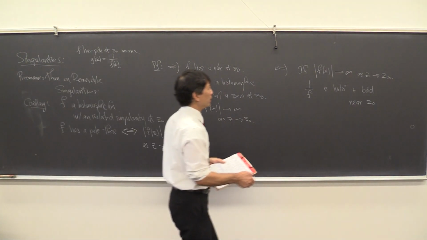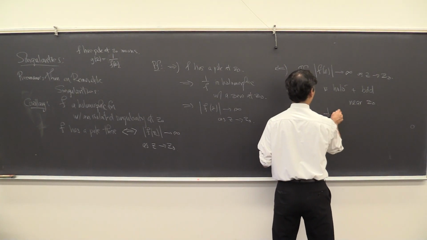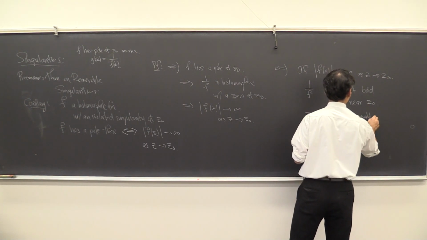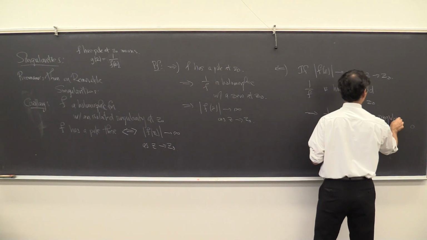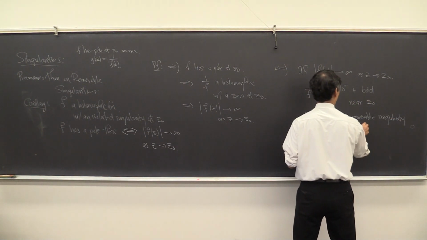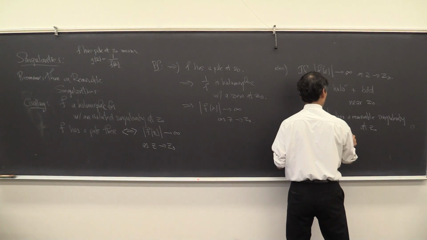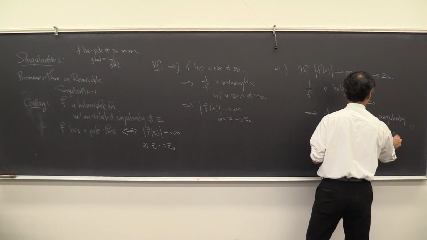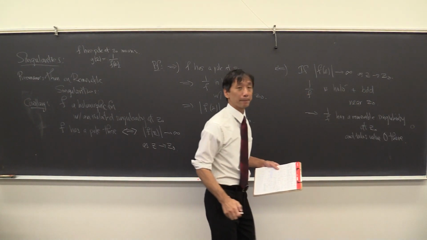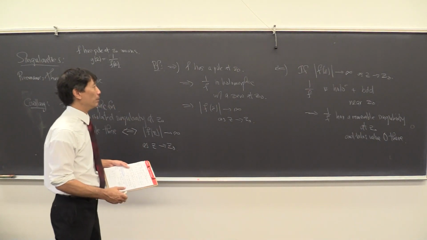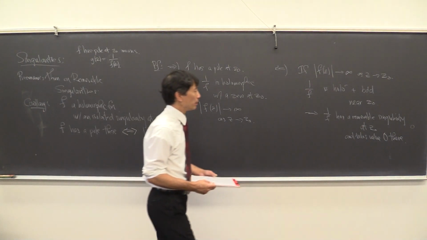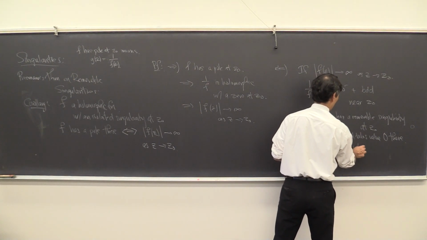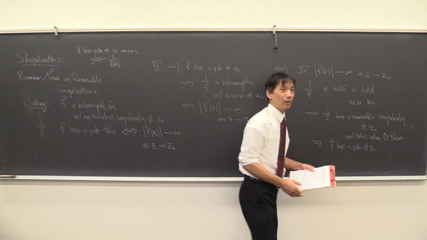So 1 over f has a removable singularity at z naught and takes the value 0 there. That's the same thing as saying that f has a pole there. So that's pretty straightforward.